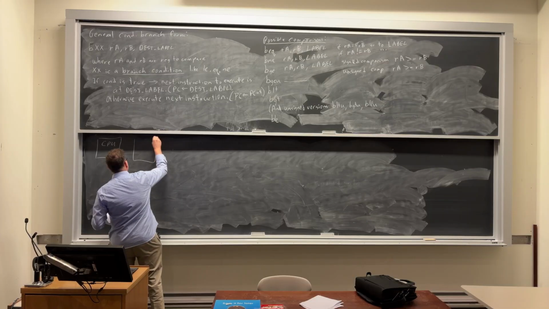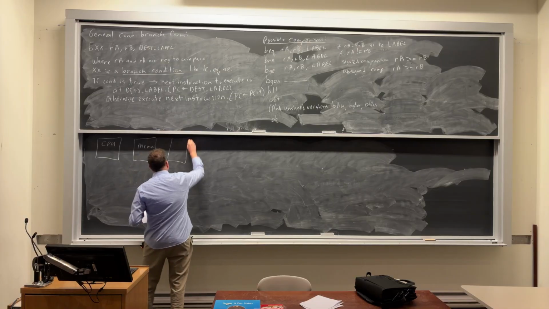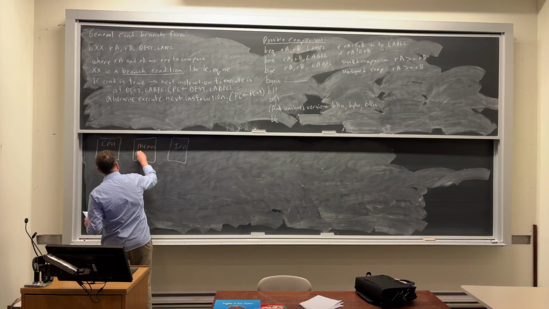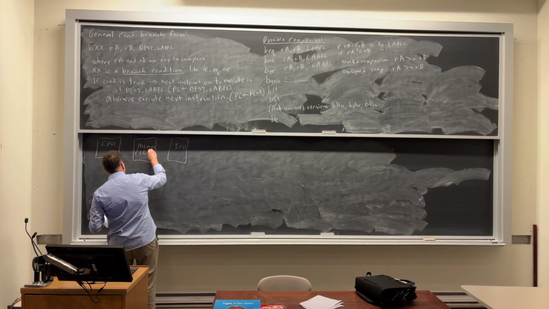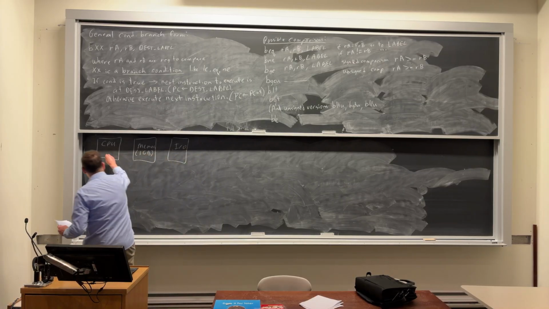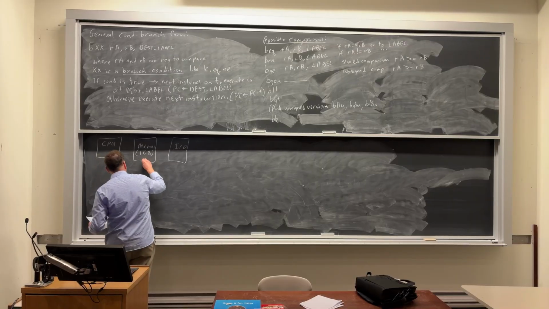There's a CPU, there's memory, and there's I/O. In Neos 5, the Neos 5 system we're using, the memory is about 1 gigabyte. And all these things are connected by this system bus.